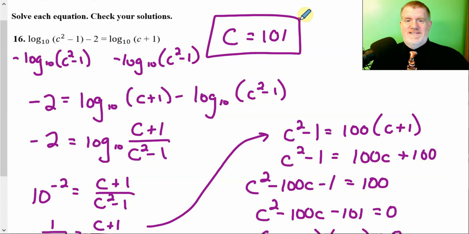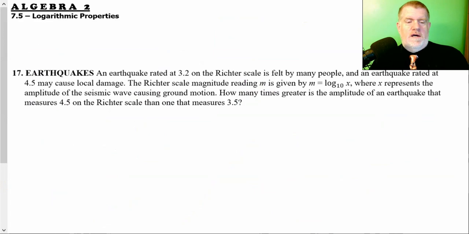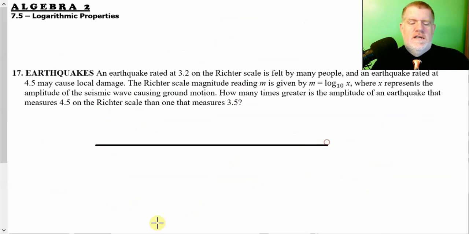Now this is going to set us up for something really awesome in the future. Well, in the future, it's not going to be very long. All right, another application of logarithms is the Richter scale. So a Richter scale is really a scale that looks kind of like this.